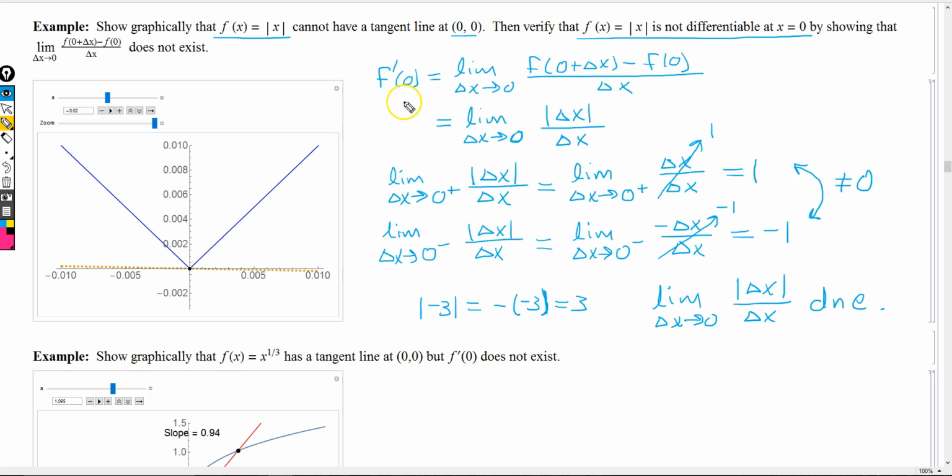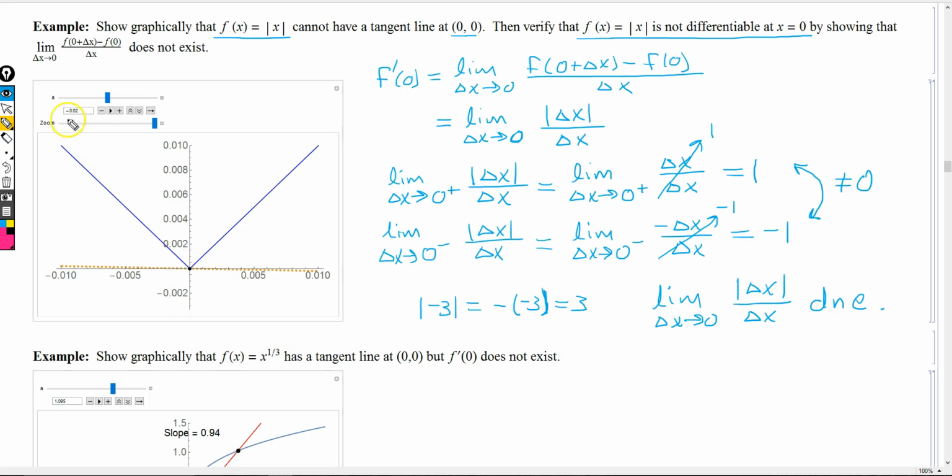And so the moral of the story here is that anytime the graph of your function has a point or a cusp, that means that your derivative at that cusp is not going to exist, because your left and right hand limits of the derivative will not be the same, or they will not exist. And so the full limit cannot exist, and so your derivative does not exist.